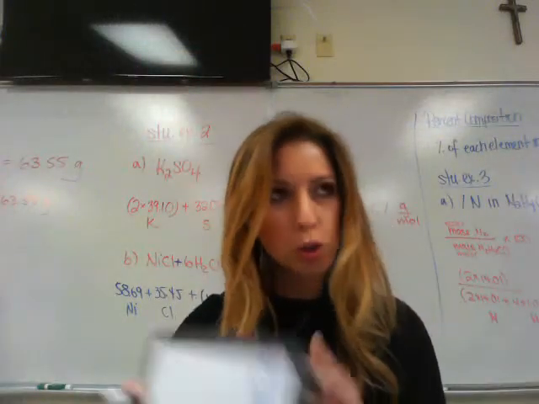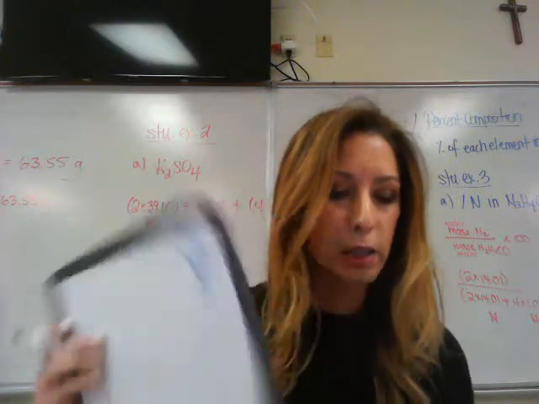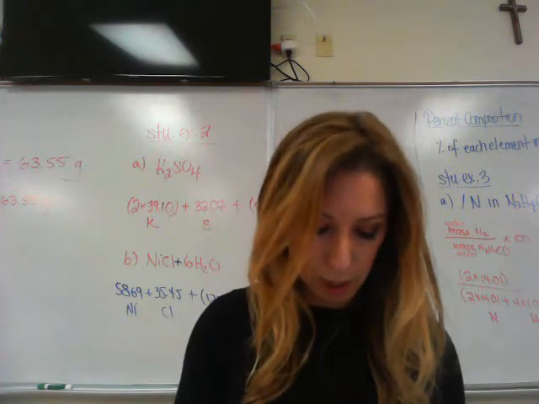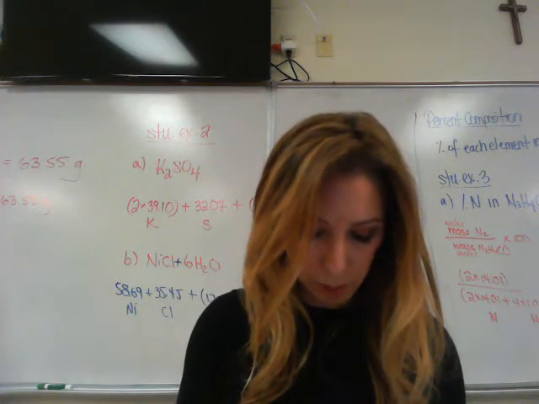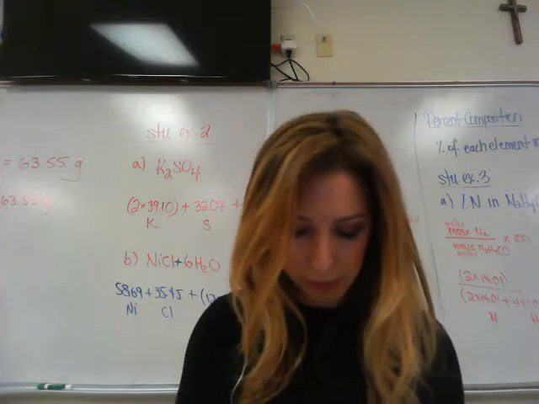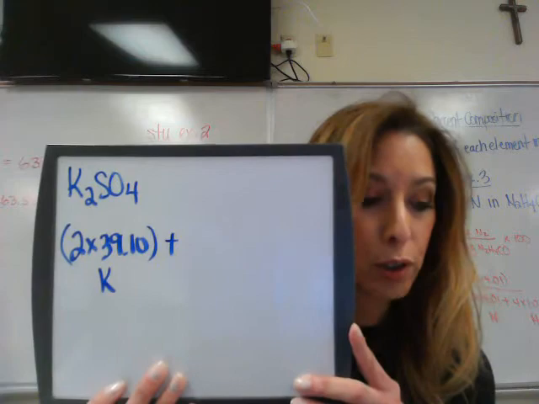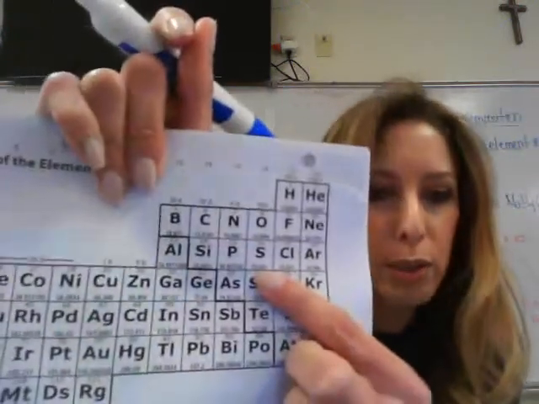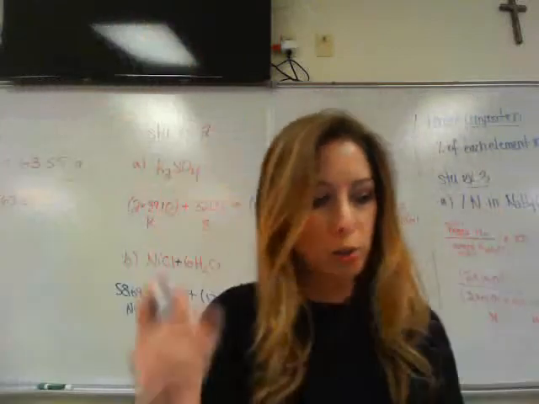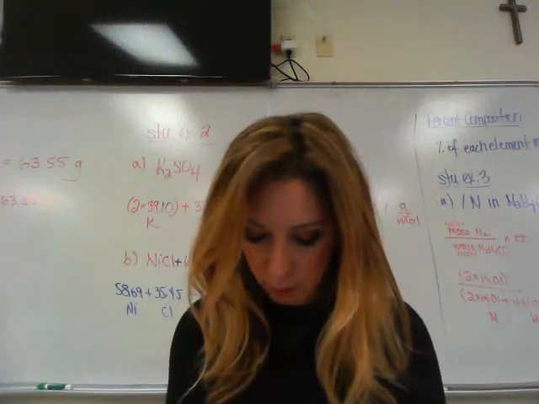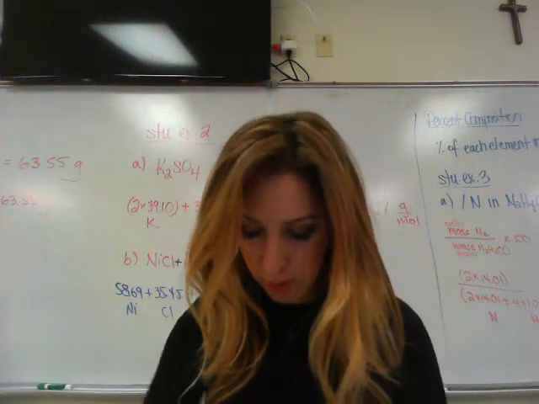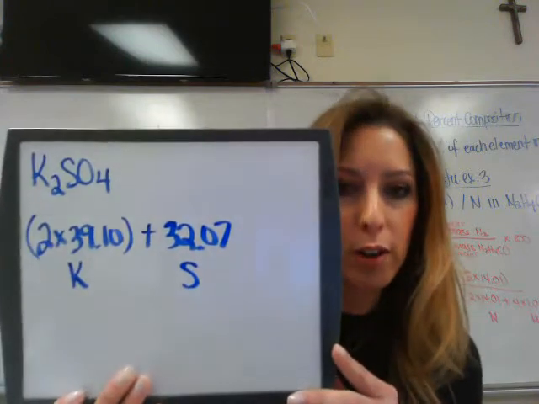So we've got 2 potassiums in this chemical formula, so it's going to be 2 times 39.10 for my potassium. And then I'm going to add that to the mass of 1 sulfur. So sulfur is 32.065. That means you need to round it to 32.07. So we're going to add 1 times 32.07 for my sulfur.